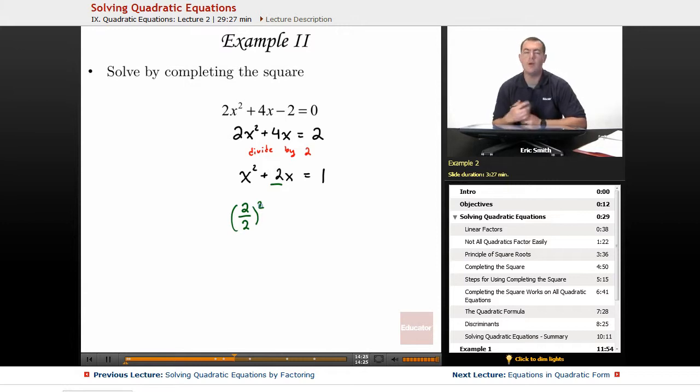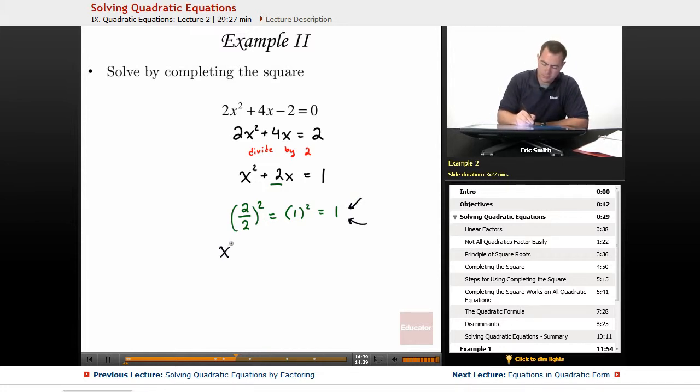And the answer is yes, it's always divide by 2 and square it. So 2 divided by 2 is 1, and 1 squared is 1. So this number is what I need to add to both sides of my equation. So there's all the original numbers, and there's that plus 1 on both sides just to keep things balanced.